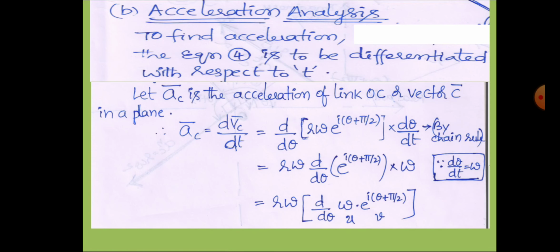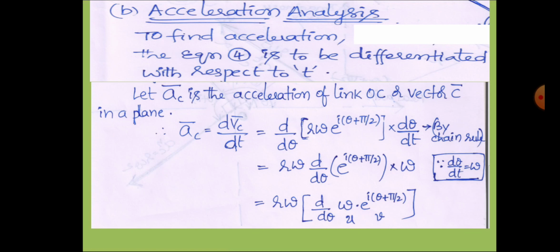So if I take d by dt of this, once again here theta is the variable, which is to be differentiated with respect to time. Therefore directly here I wrote by chain rule d by dt of Vc bar, that is R omega into e power i of theta plus pi by 2 into d theta by dt.